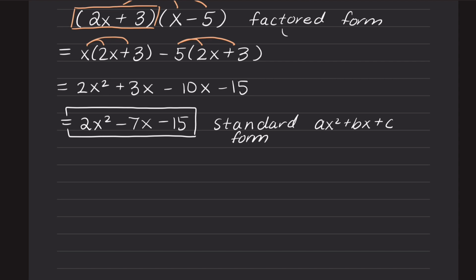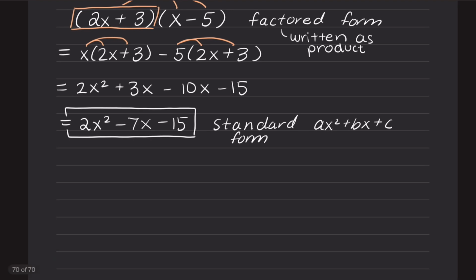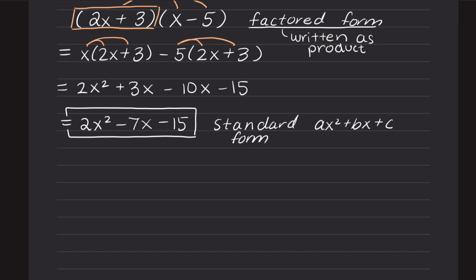The reason it's called factored form is because it's written as a product. I have this 2x plus 3 times x minus 5, so that's a product. So when we distribute, it takes us from factored form to standard form.